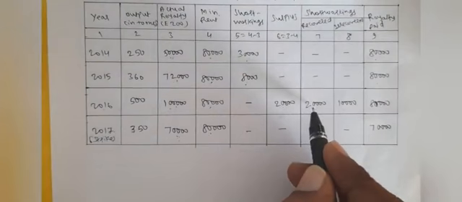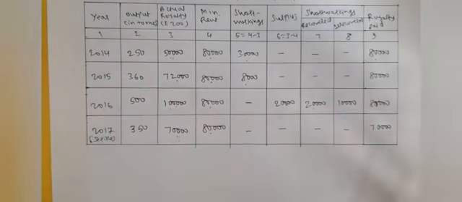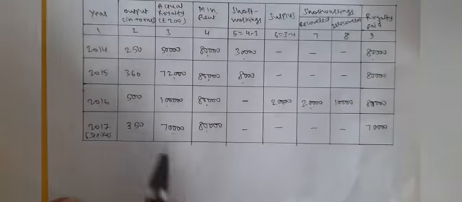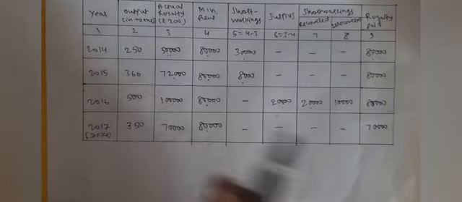How much amount is recovered? 20,000 is recovered, short workings recovered, to short workings recovered. Now here see, actual royalty is how much? 1 lakh.